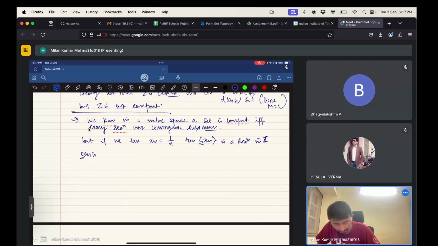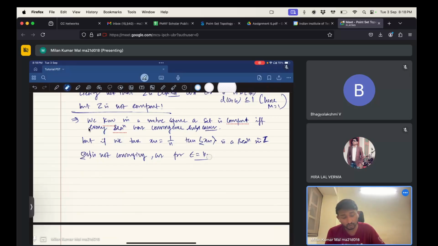xn is not converging, as we can see for epsilon equal to 1/2. If xn converges, it should converge to 0, that is the usual choice. But if I take epsilon equal to 1/2 and consider a ball around 0, what will be those points?